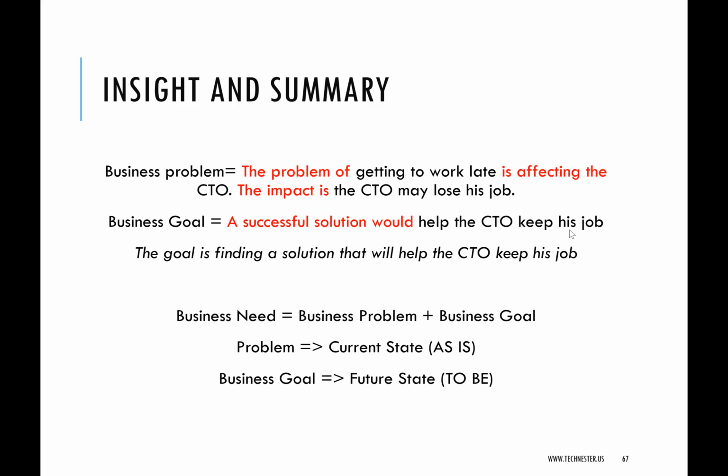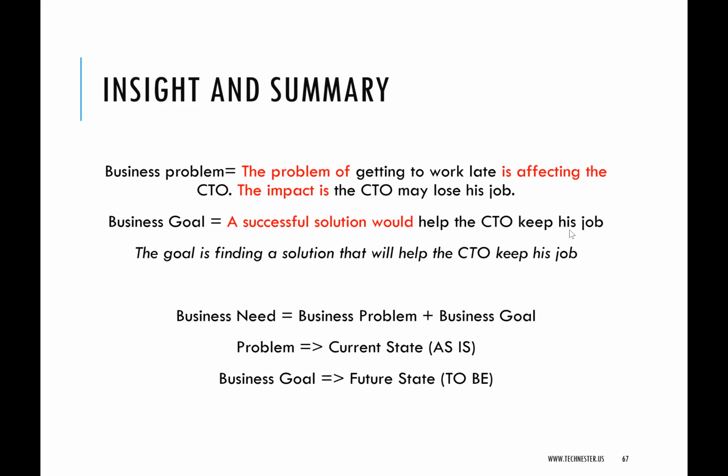The business problem is what business analysts call the current state. So now we know where the organization is. It doesn't give us a full picture, but it tells us, okay, this is where we are now. Where we are right now as a business, maybe we cannot do some things, and that's the problem. And a solution will be, we want to do those things. So that becomes our business goal.